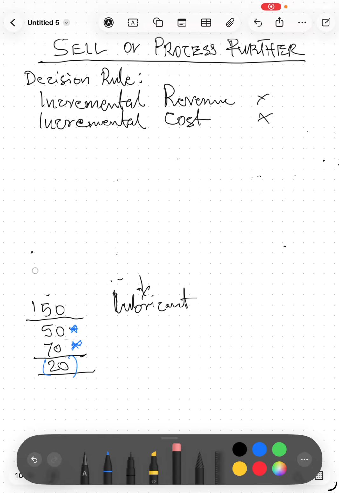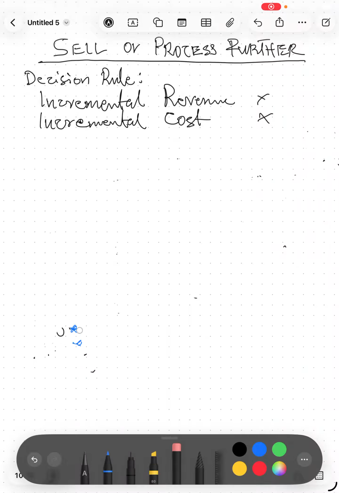Also note that every cost incurred at the point of producing the crude oil, or the first stage, we call them joint costs, because they apply to all the products produced. So whether you take the decision to produce further or not, they are still incurred already. That's why they say they are not relevant.